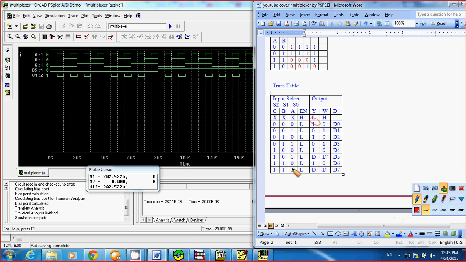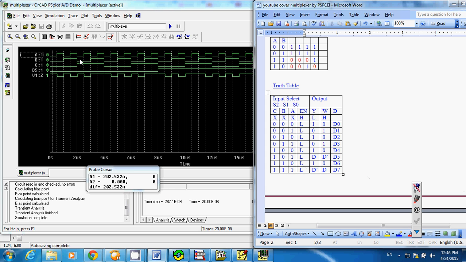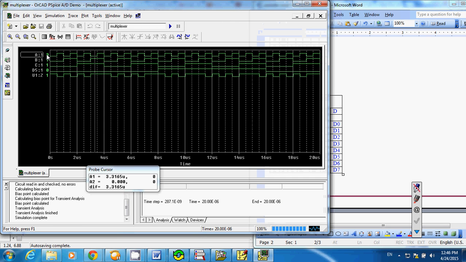Okay. Let's check, starting from A. Right. Let's look at the 1. So let's take a look at the 0, 1, 1. Also gives you the output to be 1, right? Where is 0, 1, 1? This is 0, 1, 1. Correct? Also gives our output to be 1.